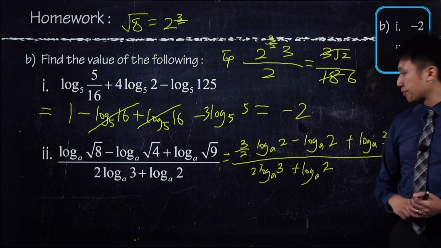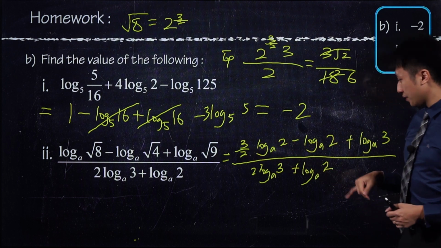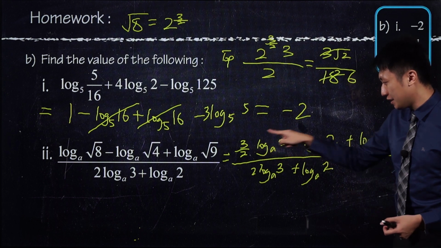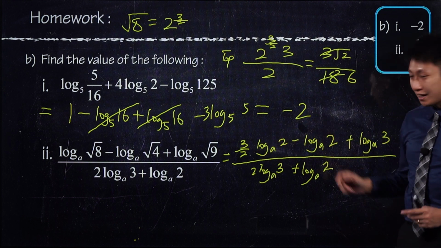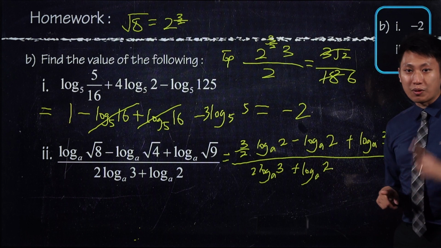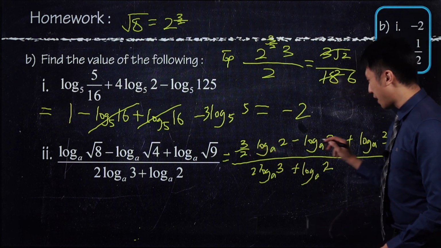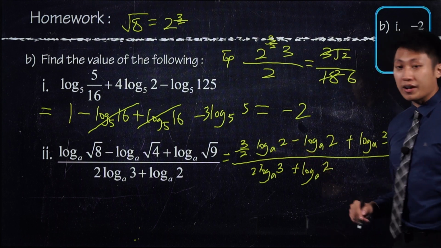Okay, what do you see here? You have this as star, this one star. So 3 over 2 star minus 1 star. So what do you get? You get half star. So this part you get half of log a 2.